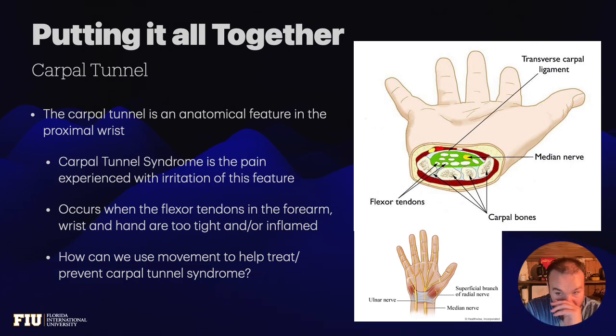It is all of this space that we have between our carpal bones on the posterior side and a ligament that holds all the carpal bones in a proper shape on the anterior side of the palmar surface. And in the middle, we have quite literally a tunnel that kind of gets formed through those sections. So we can see that there is one nerve that exists within the carpal tunnel, and that is the median nerve.